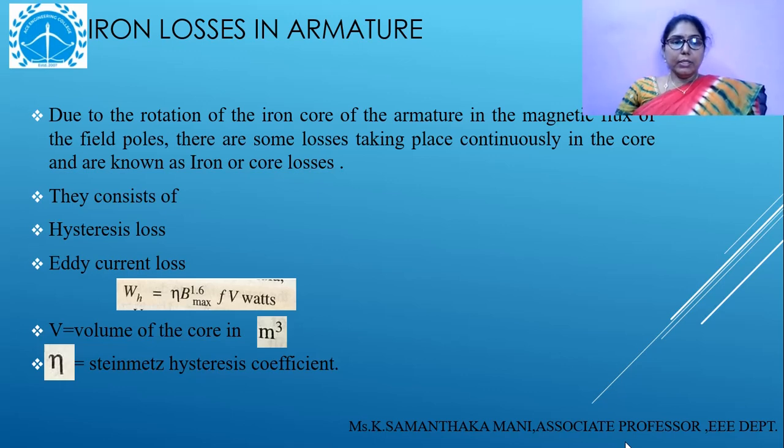Here I would like to tell about the hysteresis losses given by the formula: Wh is equal to eta B maximum power 1.6 f V watts. Here V is the volume of the core measured in meter cube, and eta is the Steinmetz hysteresis coefficient. This coefficient is different for different magnetic materials, where B maximum is the flux density.